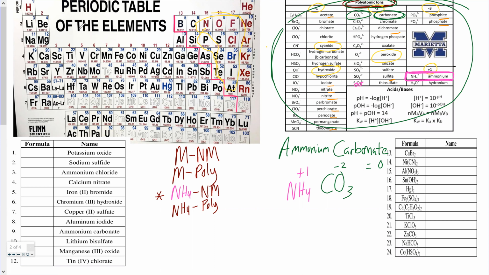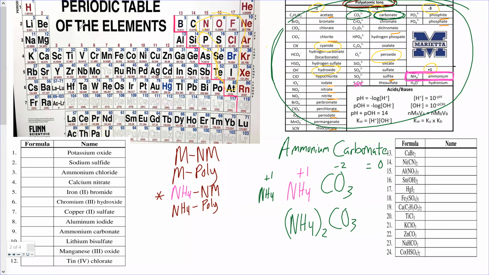Do you need more carbonates, more ammoniums? Ammonium. Another ammonium, exactly. So I'm going to do another ammonium over here. +1 charge. That one now equals 0. So I want 2 NH4s. Remember, I'm going to put parentheses around it so I can say that I have 2 of those. And then a CO3.